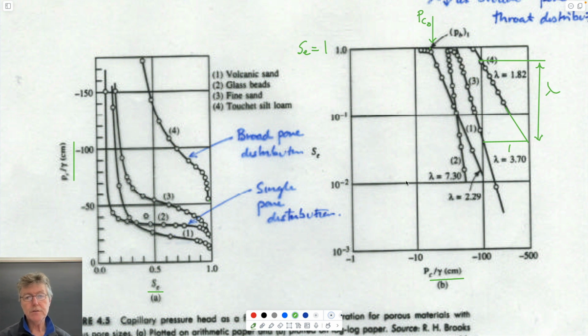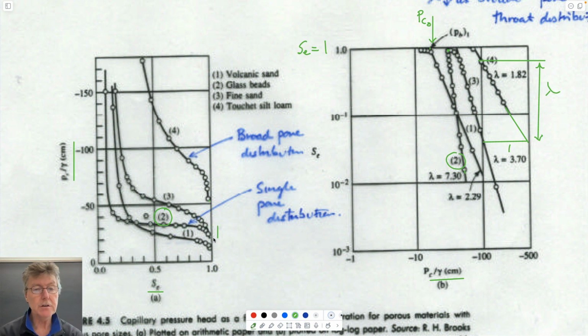So expression number 2 would be this. So a small change in pressure as you go from this value to this value, you get a very big drop in saturation. So that's exactly what you have here. You go up a small pressure, and physically you go across curve number 2 a long way to get to your equilibrium saturation.